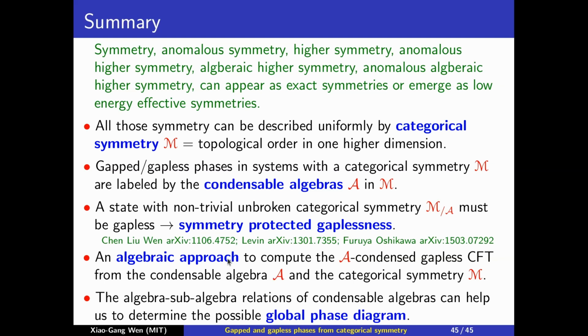Here I really try to say that the approach used to determine gapless properties uses some algebra, some number theory, or some category theory, and it's very different from perturbation.